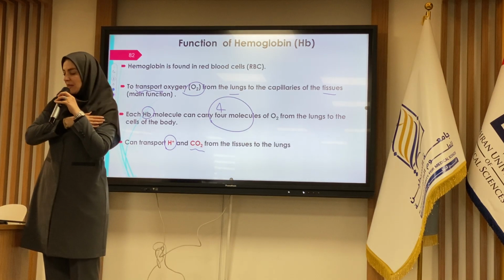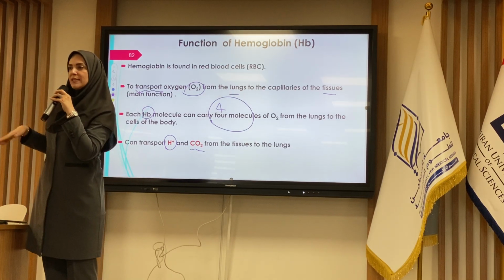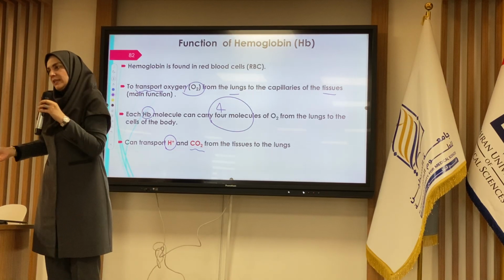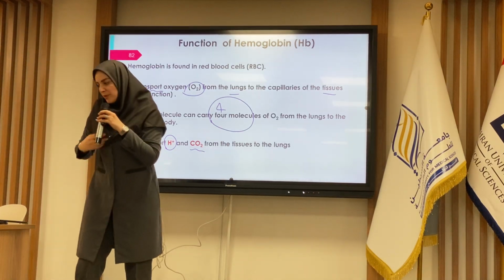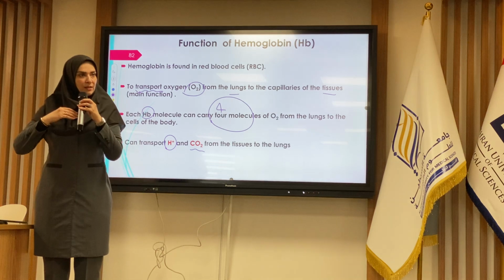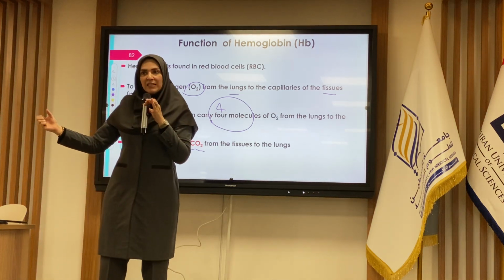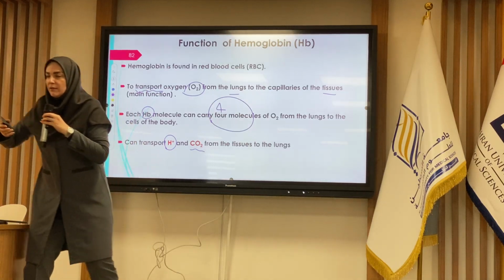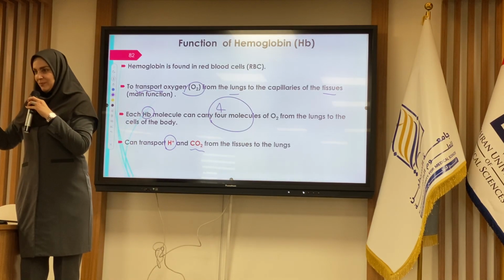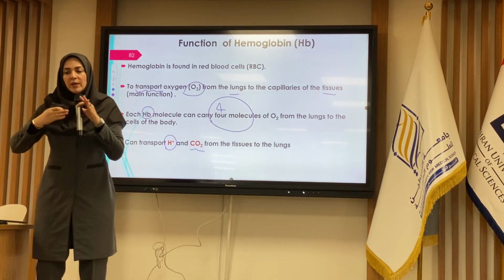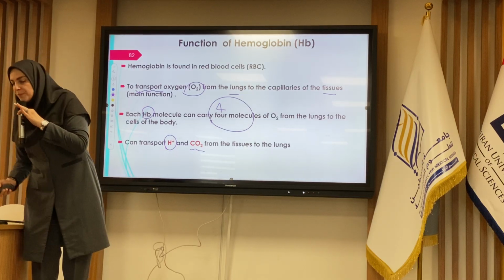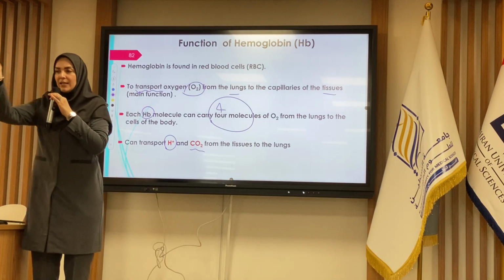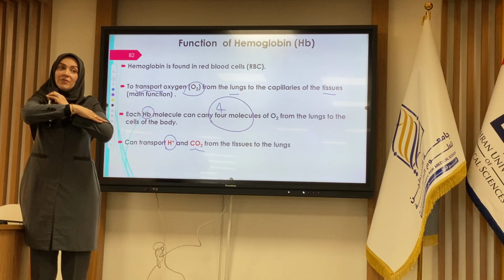And the T form has a low affinity for oxygen. It doesn't like oxygen, it's clear, because I want to release my oxygen. If I have a high affinity, can I release oxygen? No, like in myoglobin. Myoglobin cannot release. But hemoglobin, when it reaches the tissue, releases the oxygen and closes the structure.